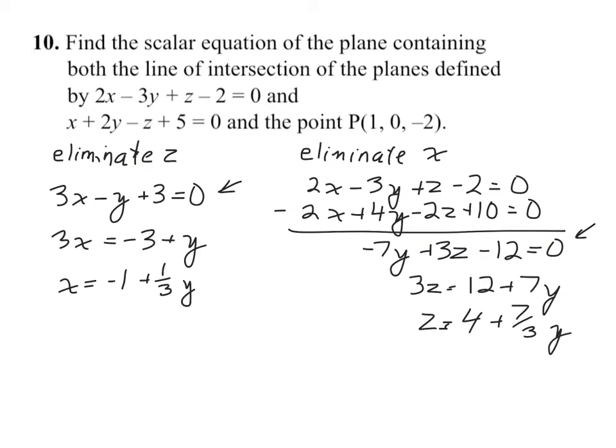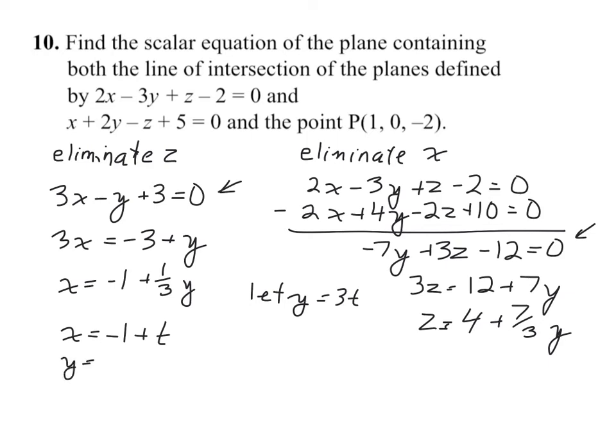Now, I don't like those fractions in there, so I am going to let y = 3t, because when I sub 3t in for y, that's going to cancel out the fractions. So my parametric equation for my line of intersection is going to be x = -1 + 1/3 times 3t, which just gives me 1, so plus t.